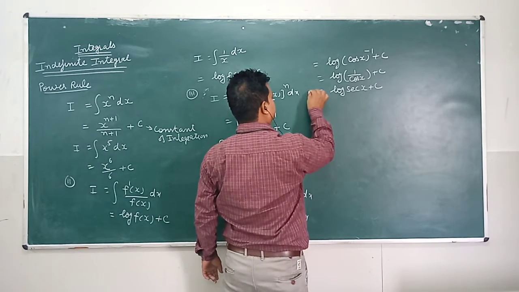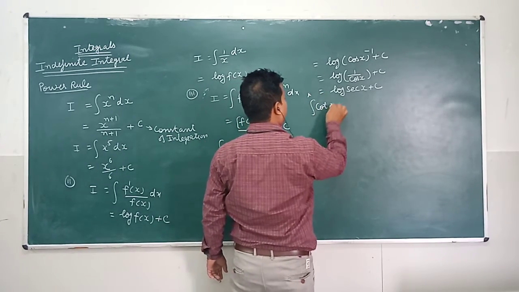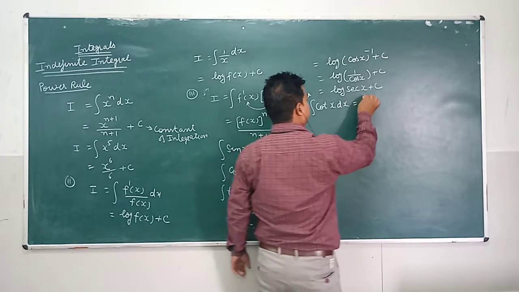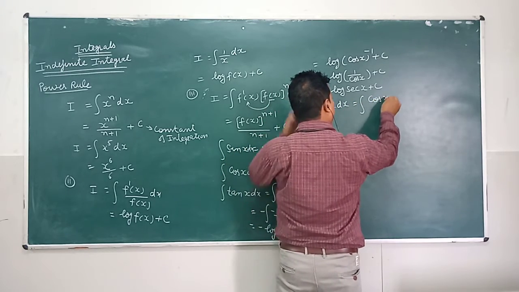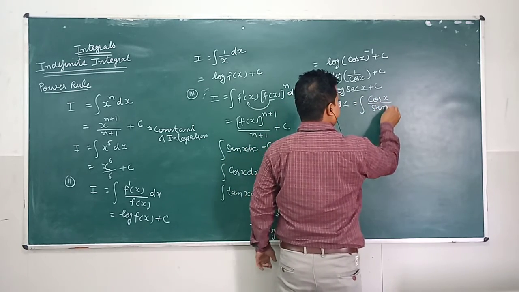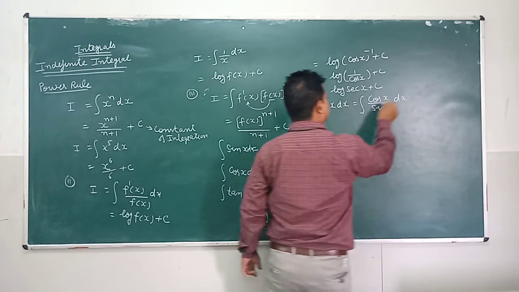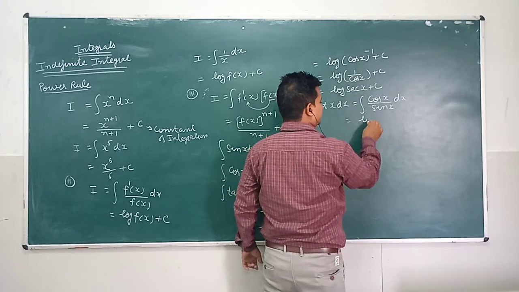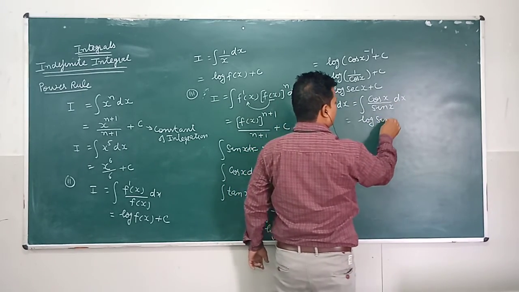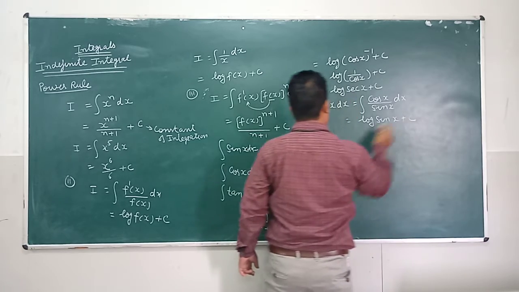Another result is integration of cot x. As we know, cot is cos x upon sin x. So the derivative of sine is cos. So its integration is log of sin x.